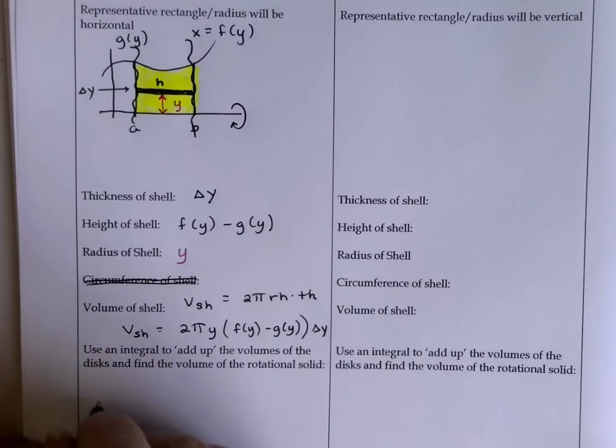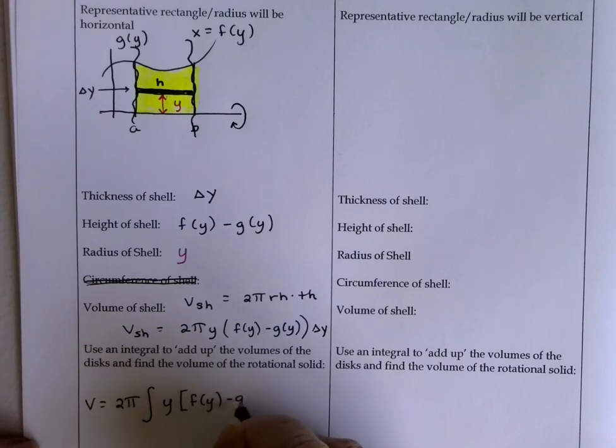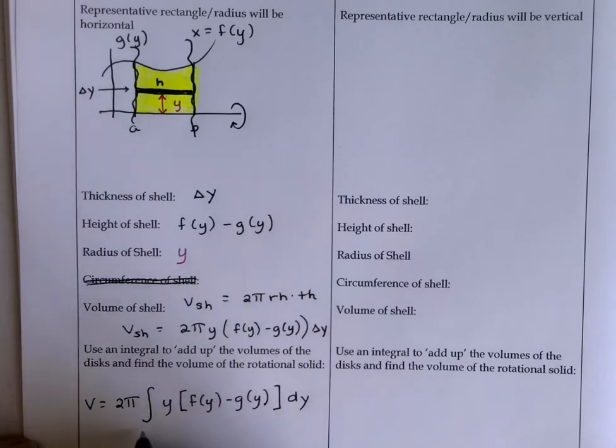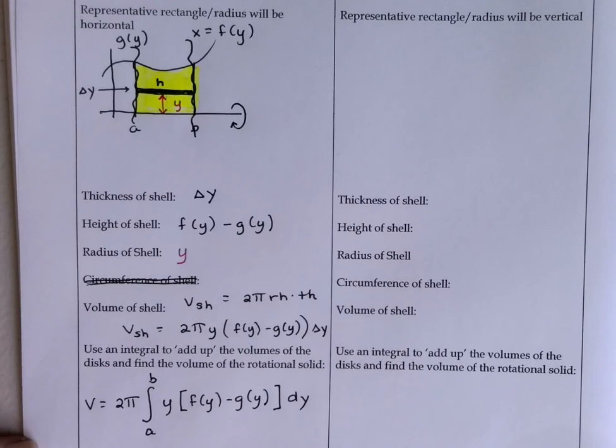And then if we use an integral to add these all up, we can pull the 2 pi out of the integral, like so, between whatever y values, a and b, we happen to be working with.